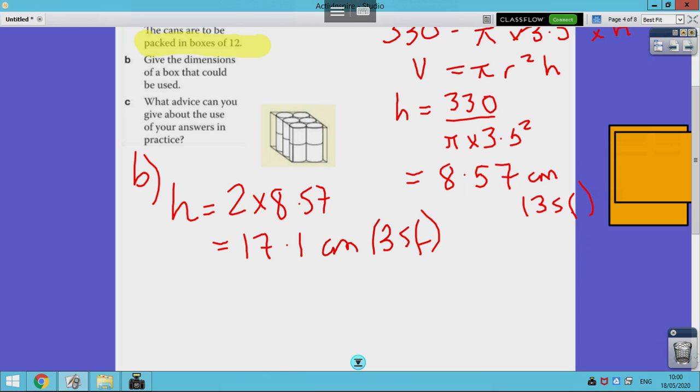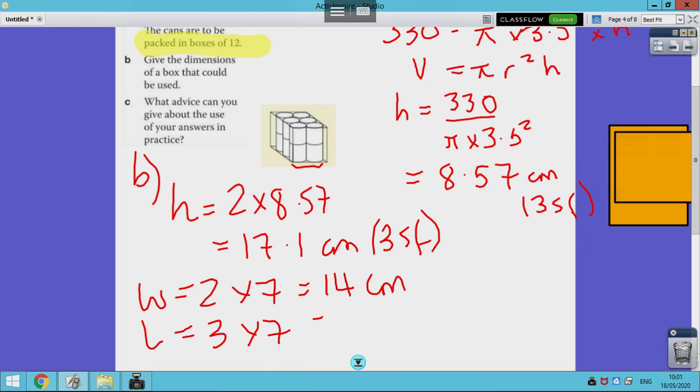The width would be 2 of the diameter, so 2 times 7, which is 14 centimetres. The length would be 3 of the diameter, so 3 times 7, which is 21 centimetres. So that's part B.